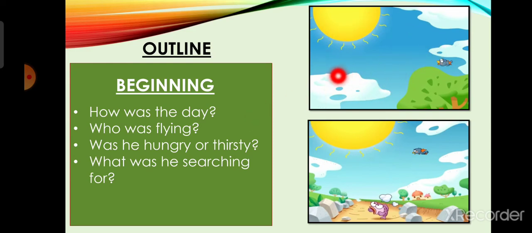Yes, it was sunny, rainy, windy. Who was flying? Was he hungry or thirsty? What was he searching for? This will be your first paragraph.